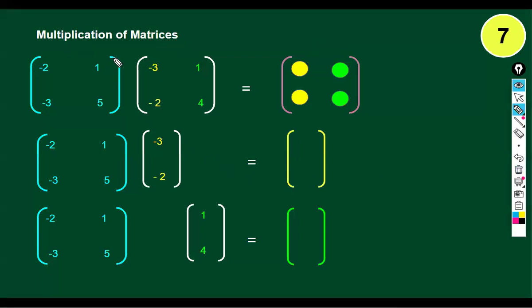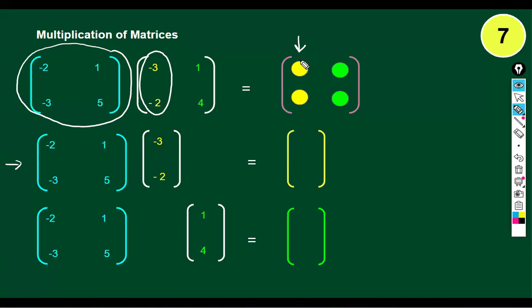So last week I told you all to do a question like this. You take the first matrix and you multiply it by the first half of the second matrix. I have it here, look at it. It's the first matrix multiplied by the first half of the matrix. And when you do that, you get the first two answers, the yellow answers.